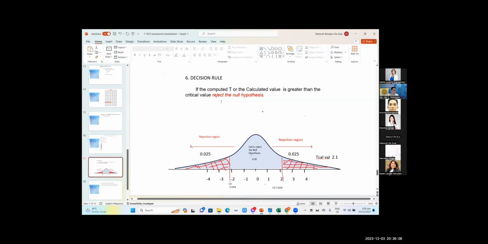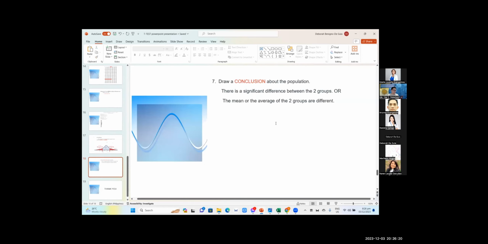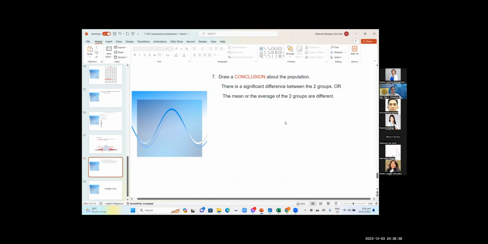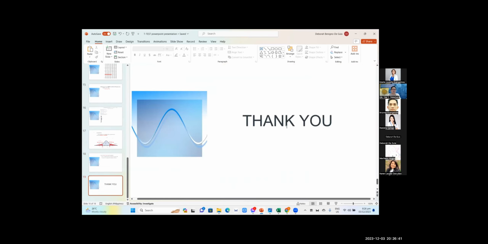So if the computed p-value or the calculated value is greater than the t-value, we reject the null hypothesis. Hence, we draw a conclusion that there is a significant difference between the two groups, or the averages of the protein contents of the two groups are significantly different. Thank you.